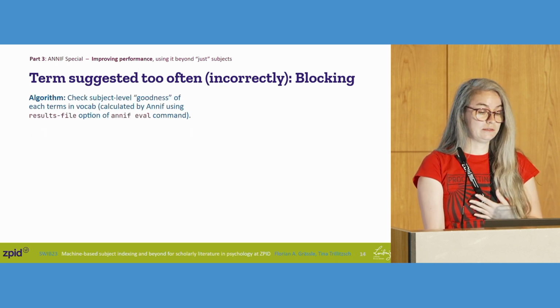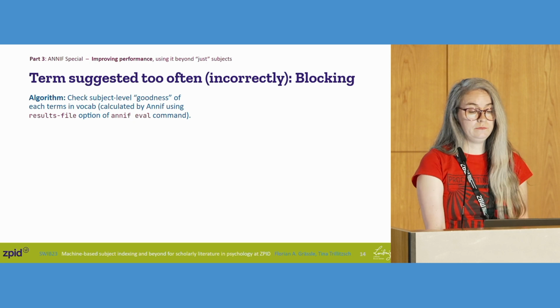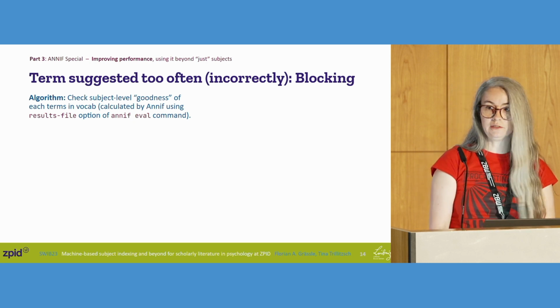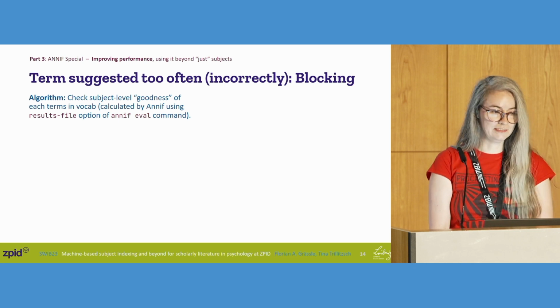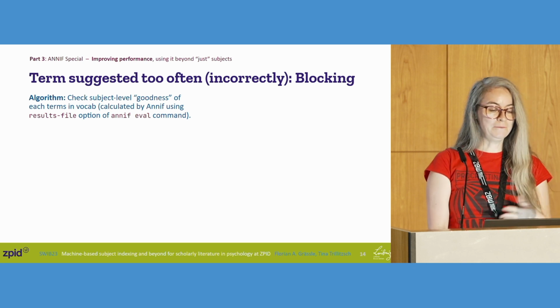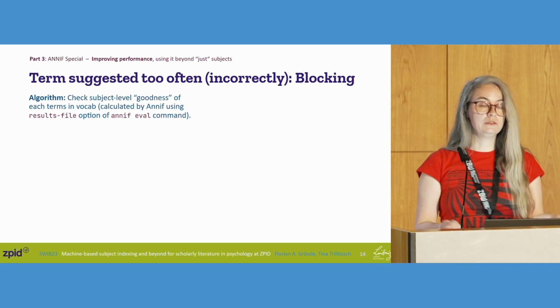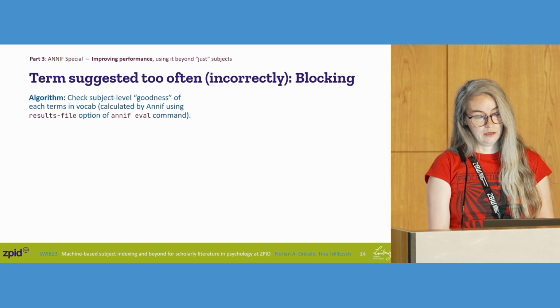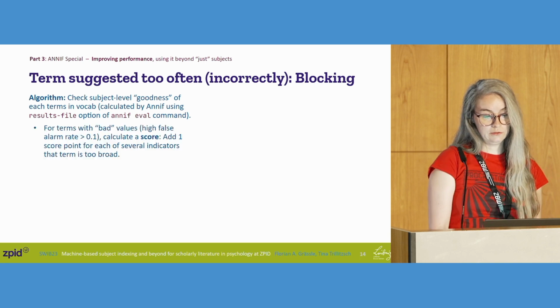How we did this, mainly we used a results file option in the Annif eval command that is possibly not well known. We've only found it quite recently. It checks the subject level goodness of each term in the vocabulary regarding the corpus and how it performs in suggestions.